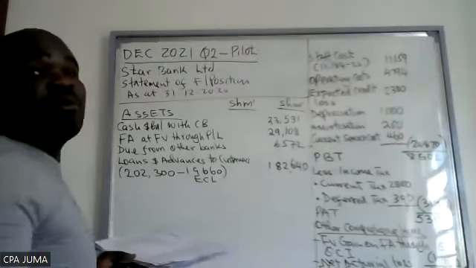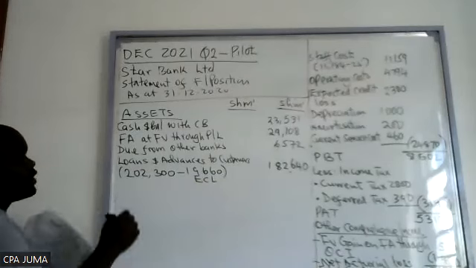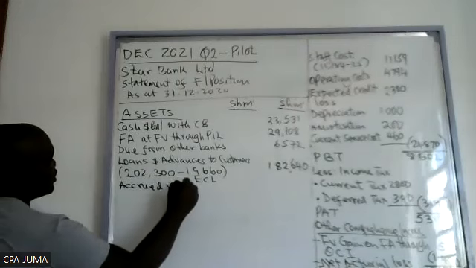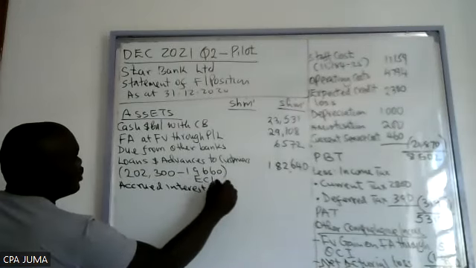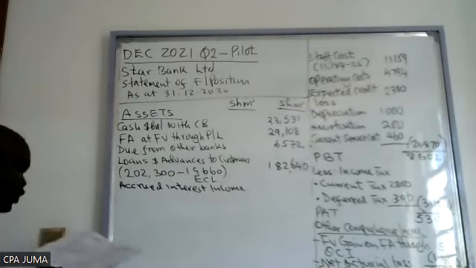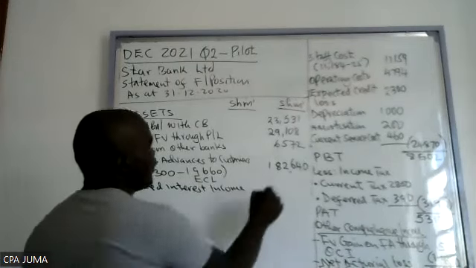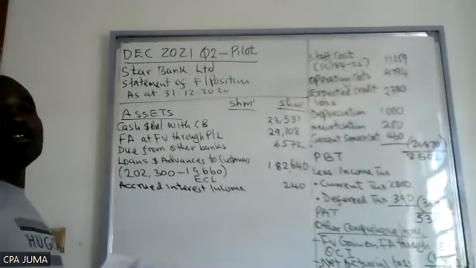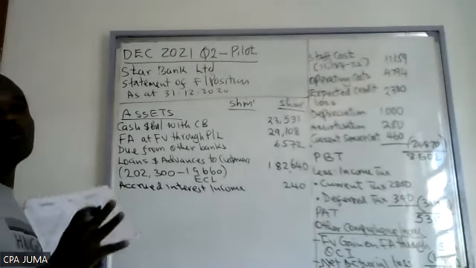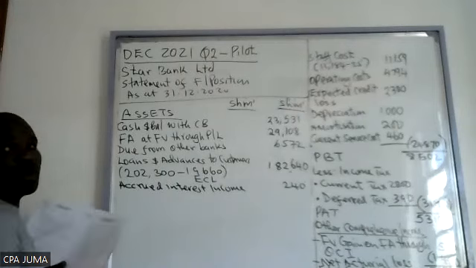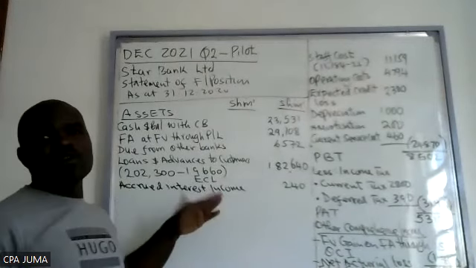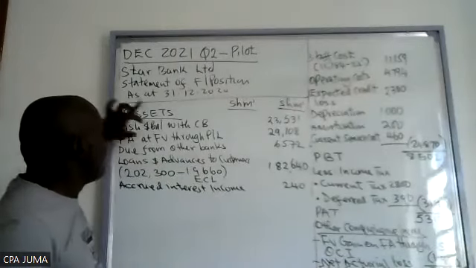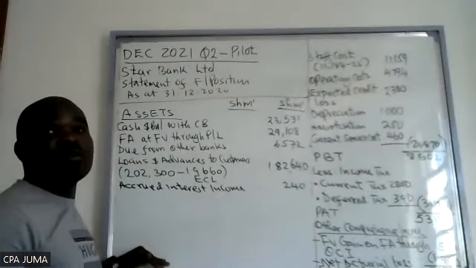Accrued interest income, that is interest receivable. Accruals are always short term. Accrued interest income is 240. That one will get its way there. We can bring these others just in case. These others are not very liquid. But in exam, I don't advocate students disumbuke kuangalia liquidity. If you wish, one time, sawa. But bora ukianzia kwa cash, unimalizia na PPE huko chini.